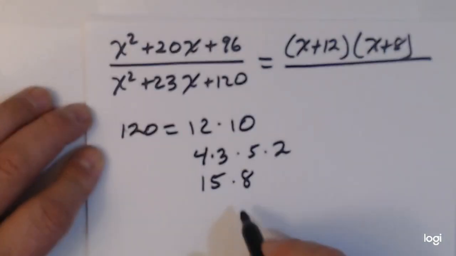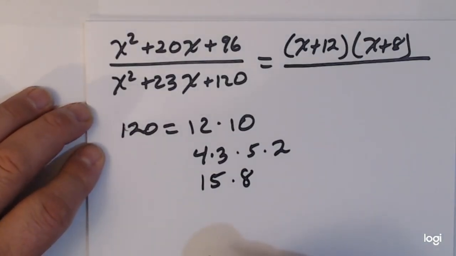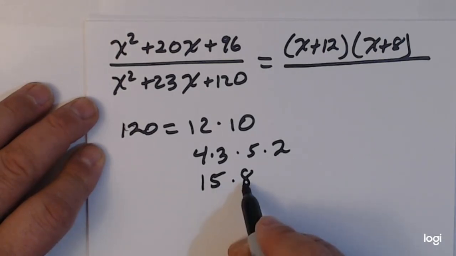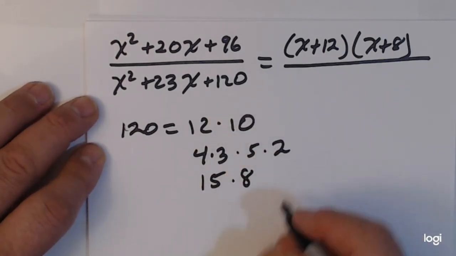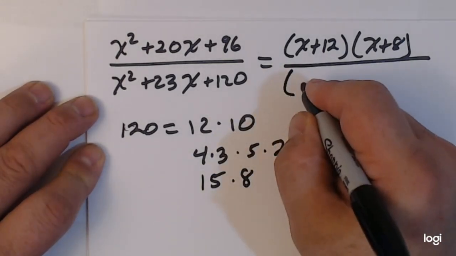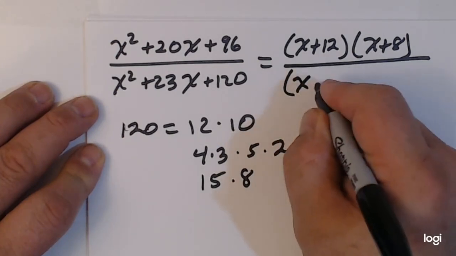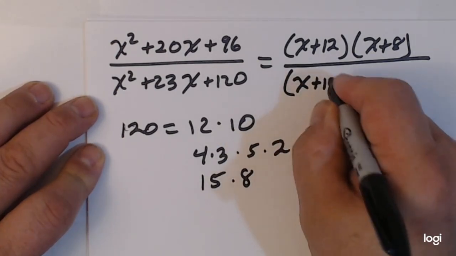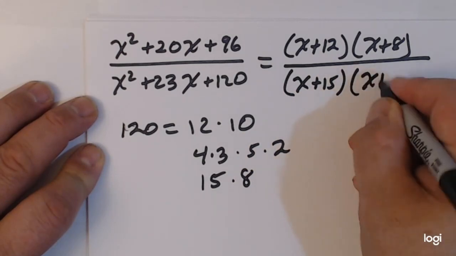And 15 plus 8 is 23, and 15 times 8 is 120. So that's what we need in the denominator. X plus 15 and x plus 8.